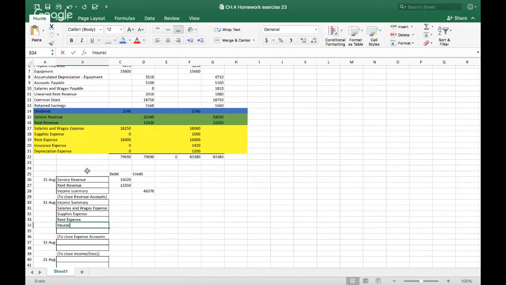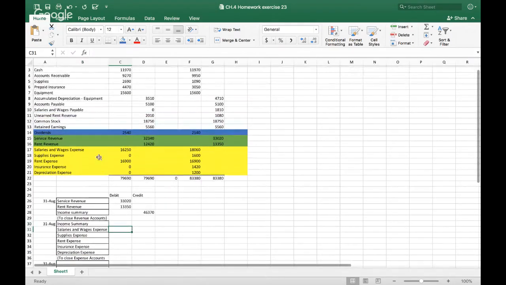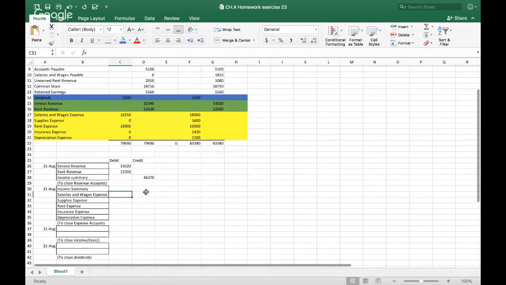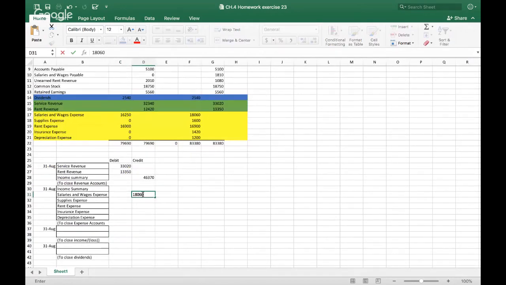All right, and as I said before, zeroing the temporary accounts, so we're going to credit these ones, same amounts as the adjusted.